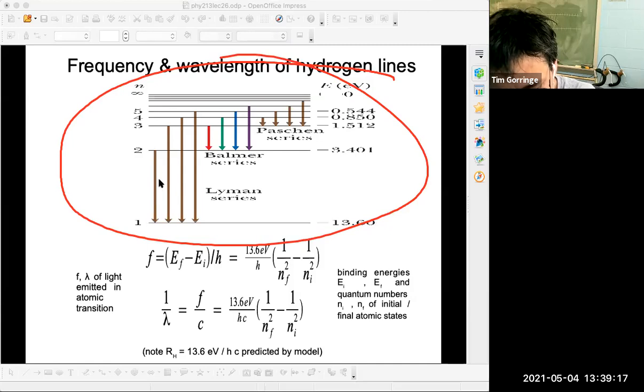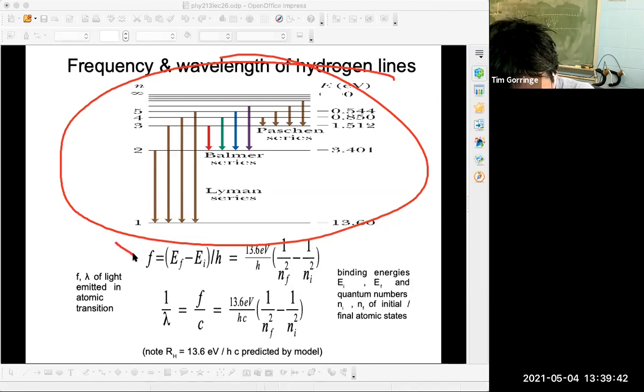They correspond to the energy differences between the different states divided by Planck's constant. That's the relationship between energy and frequency for light. And the wavelengths of the light are related to the frequency and the speed of light, and they're given by this equation based on the energy level diagram.